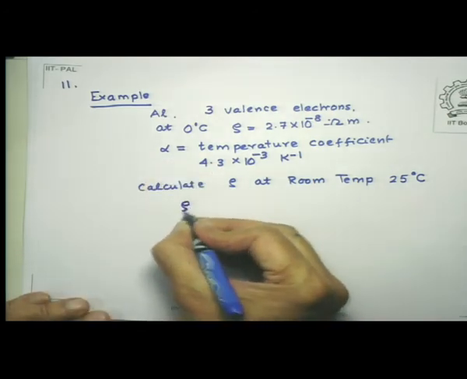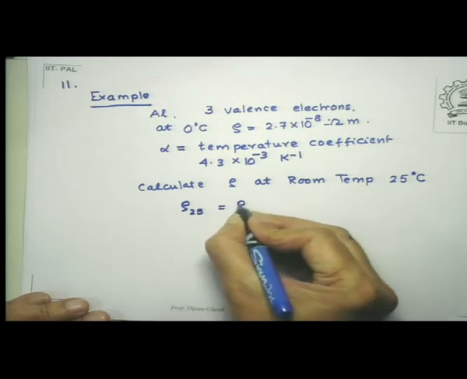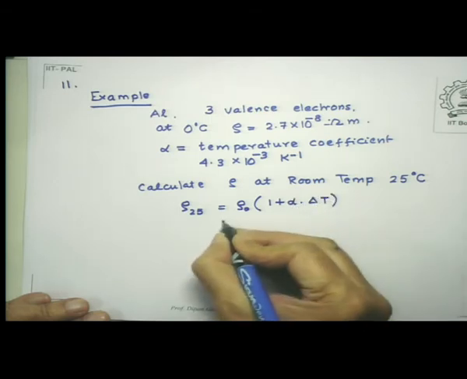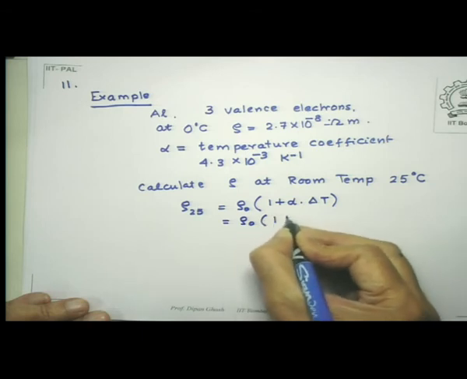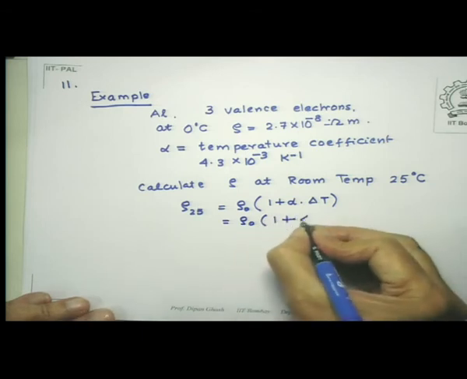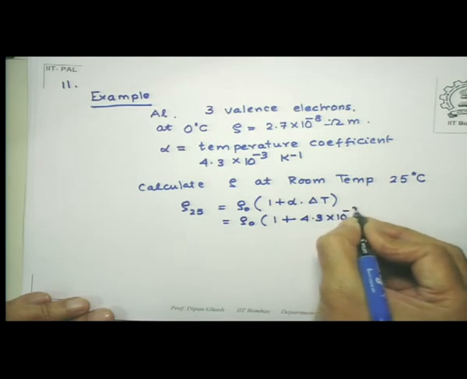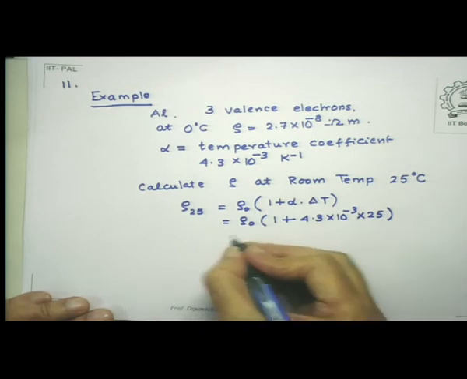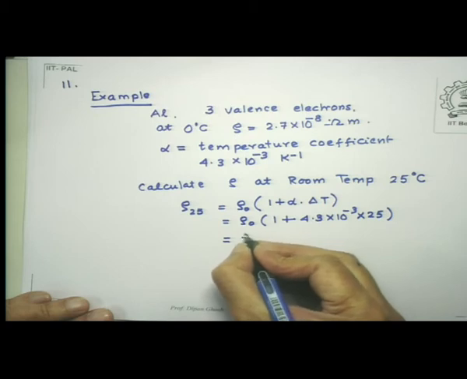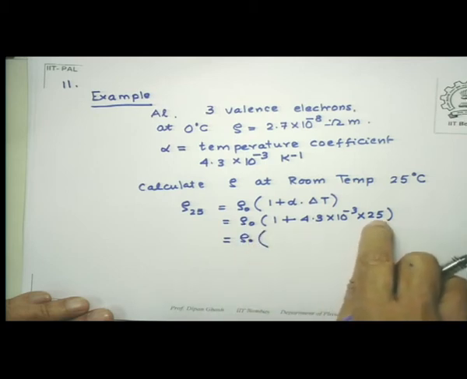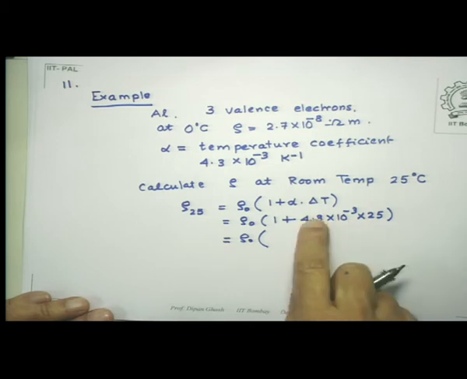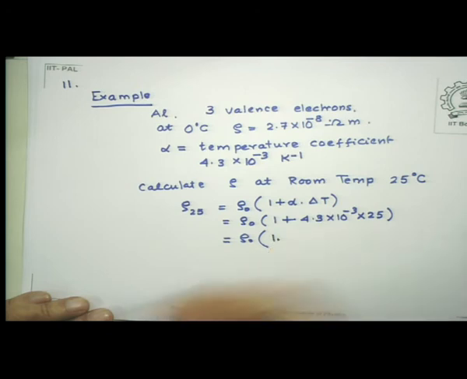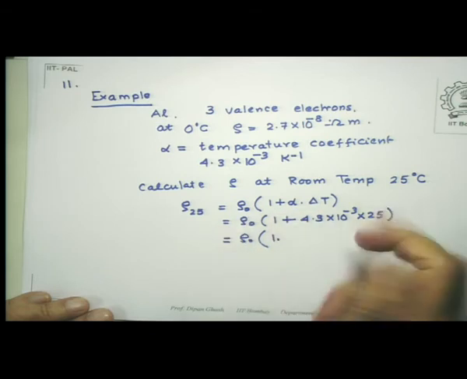So rho at 25 degrees centigrade is rho at 0 degrees into 1 plus alpha times delta T, where delta T is the change in temperature. So 1 plus 4.3 into 10 to the power minus 3 into 25 degrees. Now you can see what this is: 25 into 4 roughly is 100 into 10 to the power minus 1, so it is roughly 1.1.